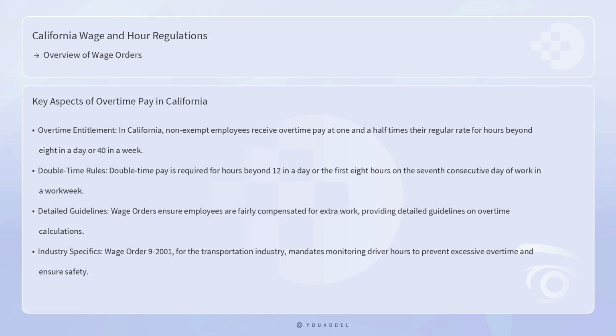Wage orders provide detailed guidelines on overtime calculations, ensuring that employees are fairly compensated for their extra work. For example, Wage Order 9-2001, which applies to the transportation industry, specifies that driver hours must be closely monitored to prevent excessive overtime and ensure safety.